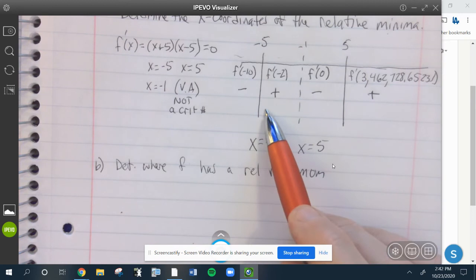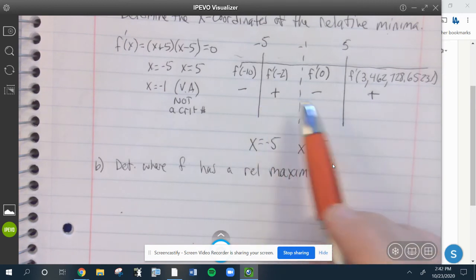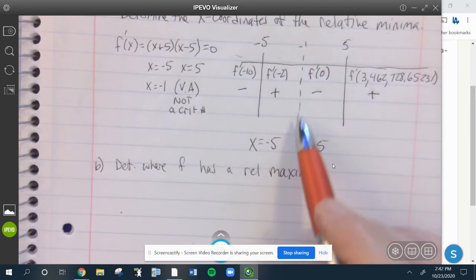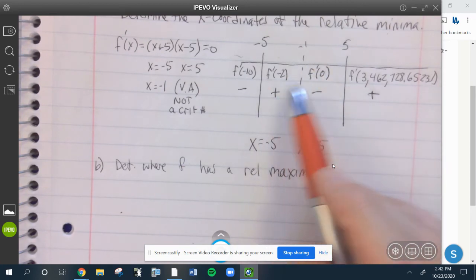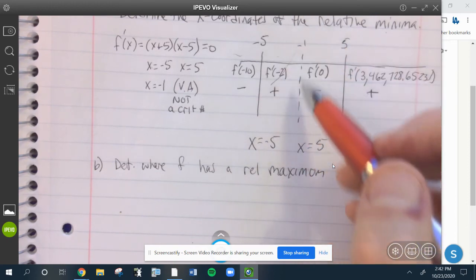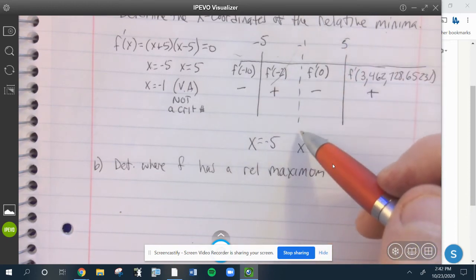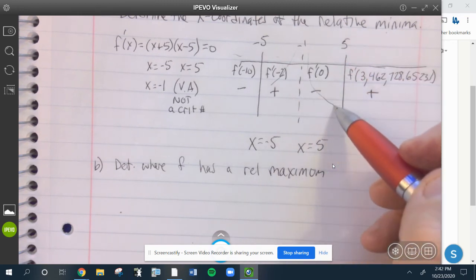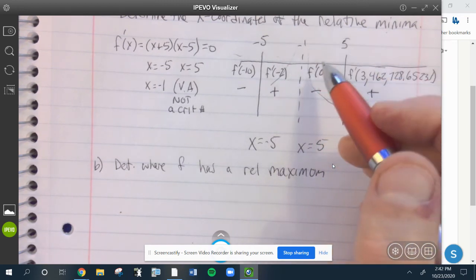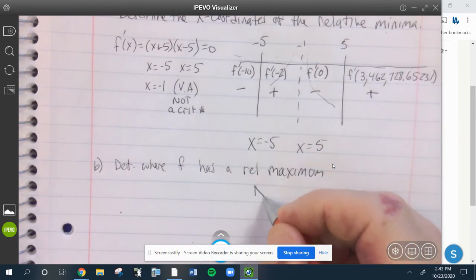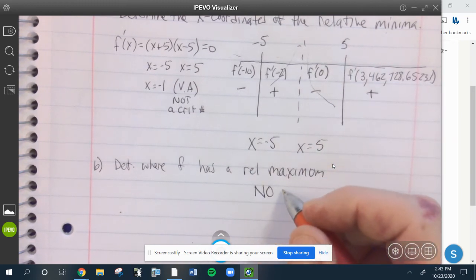So it looks like it would be right here, but luckily you took my advice and you drew a dashed line for the vertical asymptote. So there's no point here. So basically it's just going up and then down here. So maybe there is no min or max. So we're going to say nowhere.